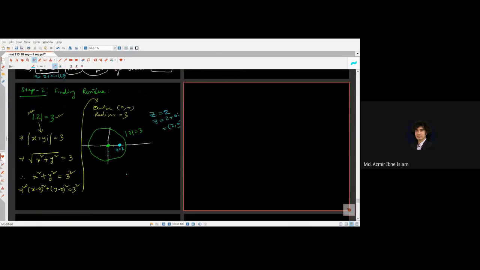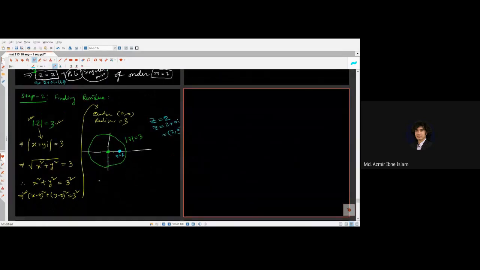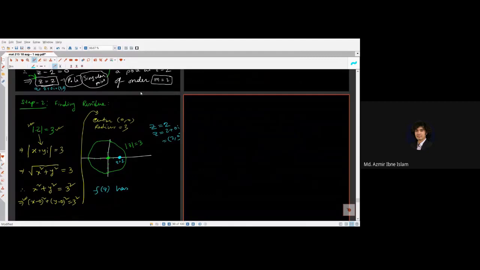So we can also leave a comment here, the same comment can be given: f of z has a pole at z equal to 2, which is inside the circle.